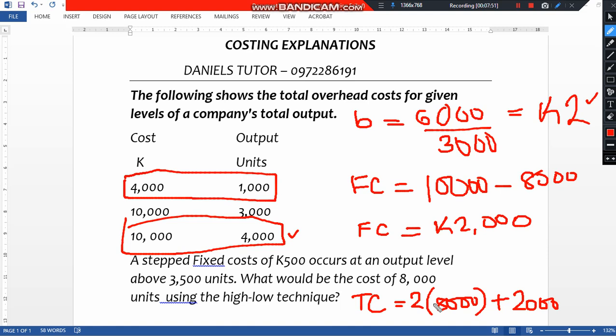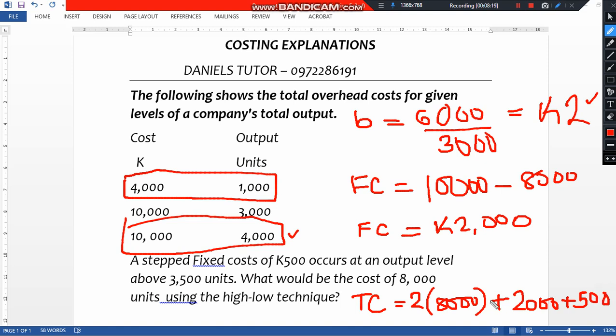Fixed cost is 2,000. Oh wait, let me remind you that when output exceeds 3,500, fixed cost steps up, or increases, by 500. So yes, here we have to say plus 500.